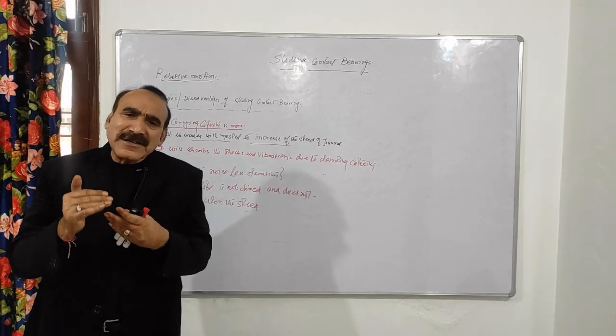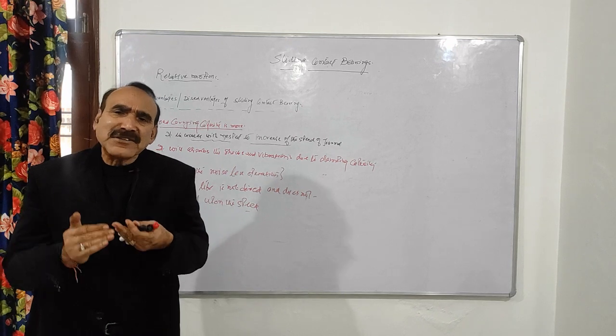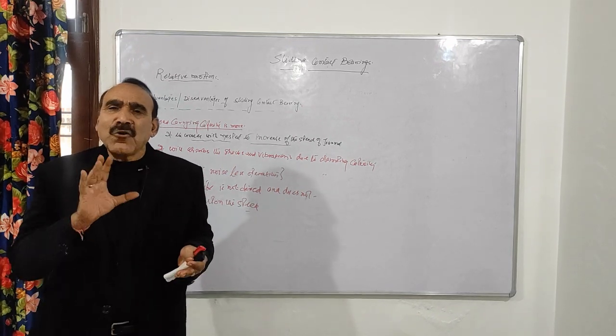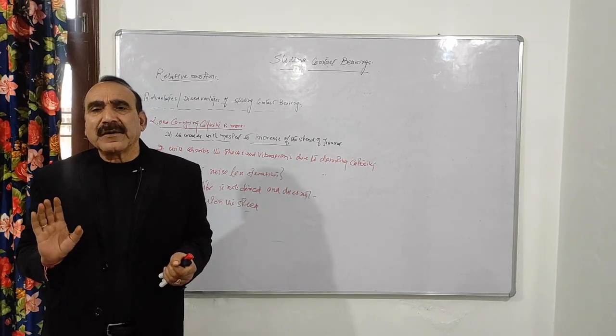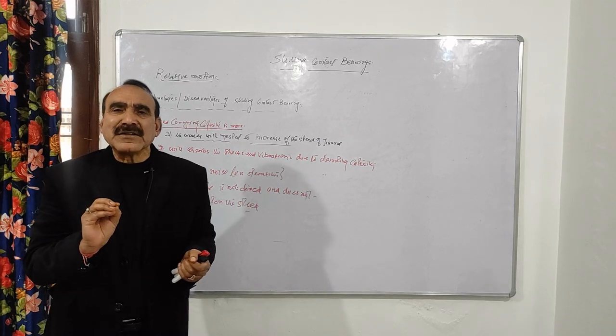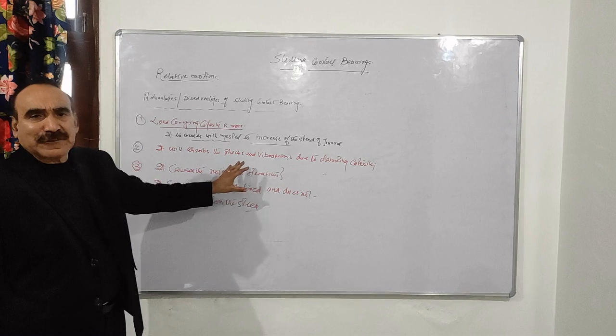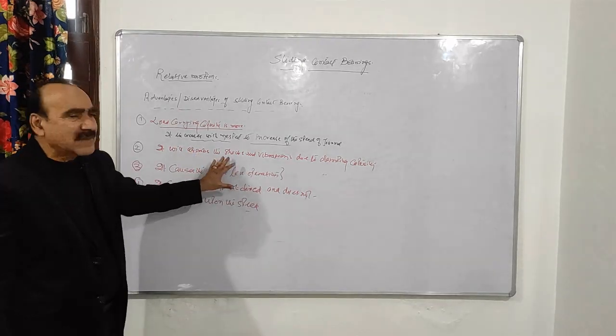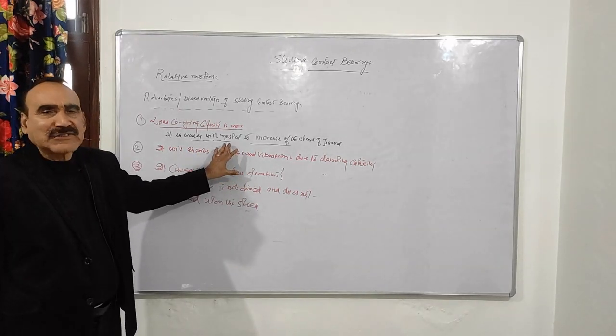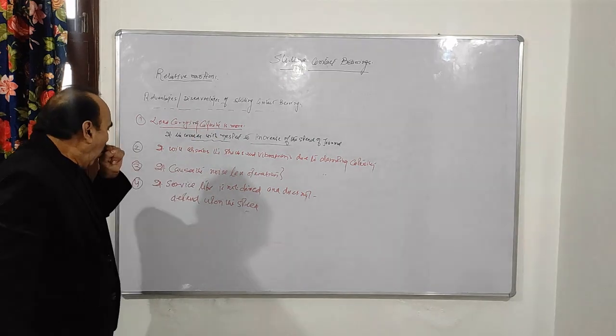So there is no metal to metal contact of the journal with the bearing. So during that operation, it is a noiseless operation. It causes a noiseless operation. I think you have understood it well.